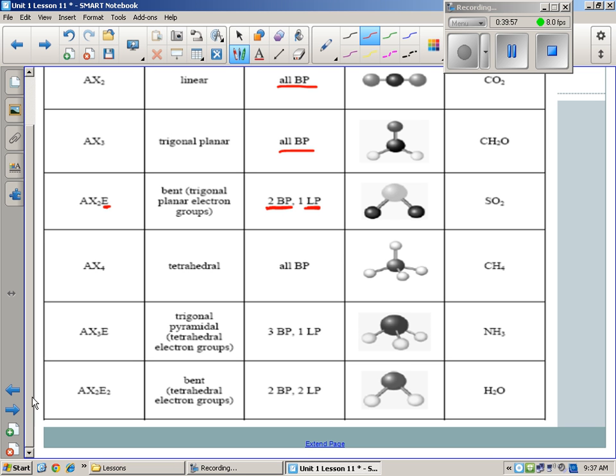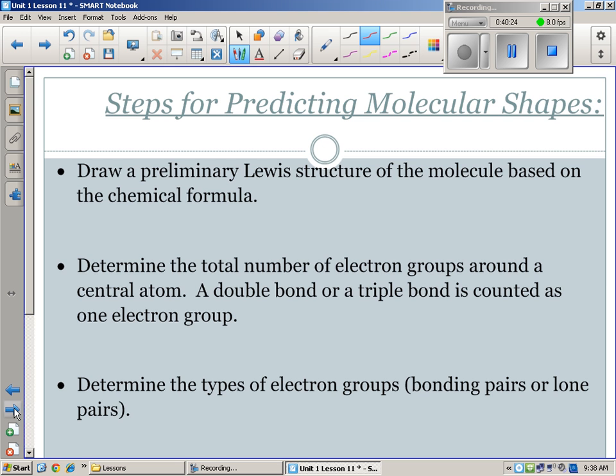It's only missing one thing that I'd ask you to make sure you know, which is, of course, bond angles. So what I would do is take about 5 minutes today and write down the bond angles along this side here. Don't do it right now because I've got a little bit extra stuff for you to do. Put down the bond angles along the side, and this is a great study sheet for you guys. It's not very clear, and I apologize for that, but that's just how it came out.